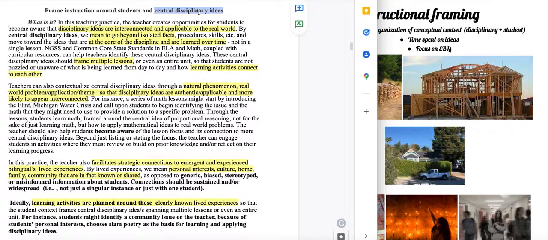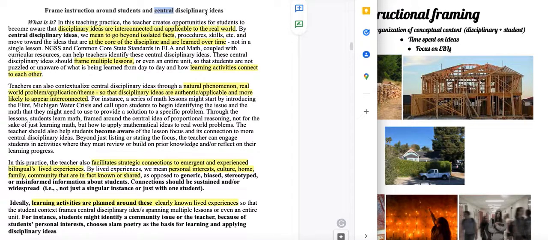Ideas are connected and interrelated, and there is an internal architecture to them within the discipline. Some ideas are central and deserve to be overarching themes across multiple lessons or potentially an entire unit, that can encapsulate and give structure to thinking about the less central ideas, the ideas that build up to and support a central disciplinary idea.